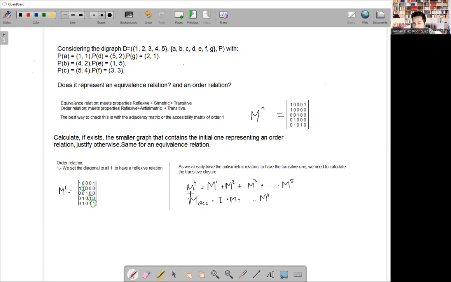So as you see, this formula is different. These are two different matrices.